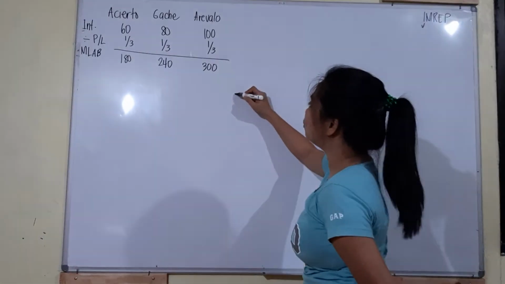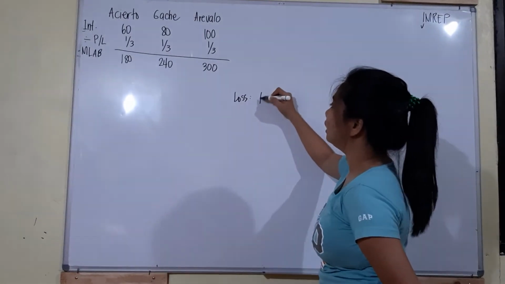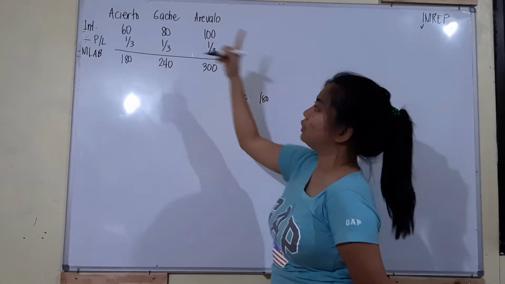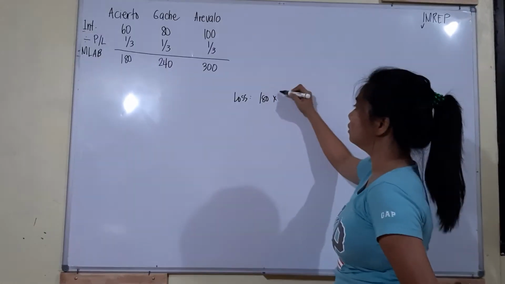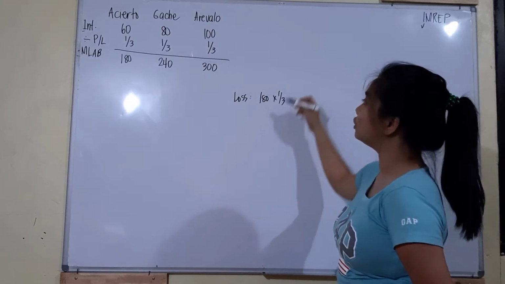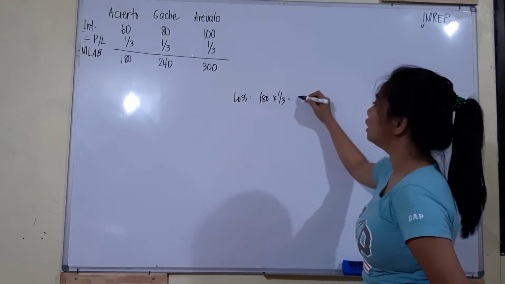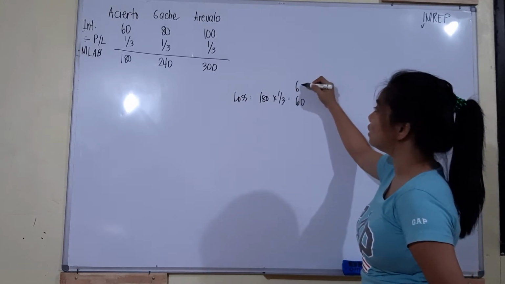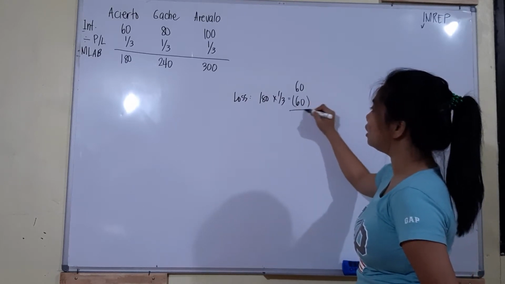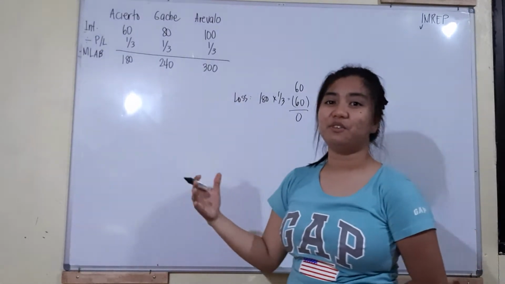Kasi 'di ba, assuming that the loss is 180, her share in the partnership is 1/3. It means that her share in loss will be 60 also, which is the same with her interest. Ibig sabihin nito, wala siyang magiging deficiency.